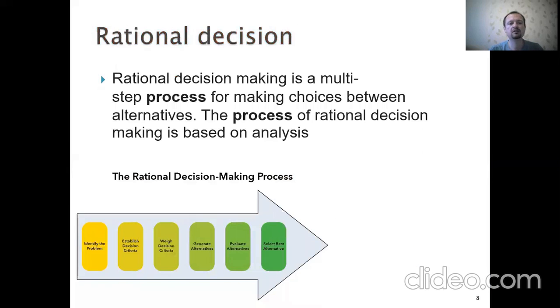And the steps of rational decision is the following. First of all, you have to identify the problem, then you have to set the criteria, then you have to evaluate the weight of every criteria, then you have to generate alternatives, then you have to evaluate these alternatives, and then you have to take the best alternative according to your criteria.